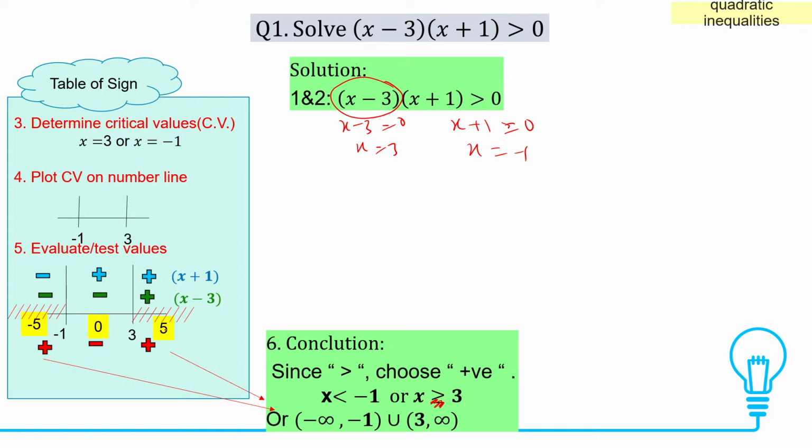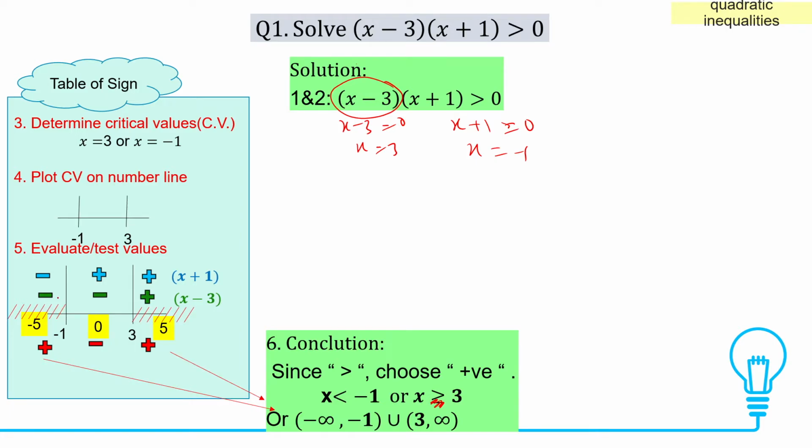In between -1 and 3, normally I choose 0 because that is the easiest number. And then I choose any number less than -1, I choose -5.